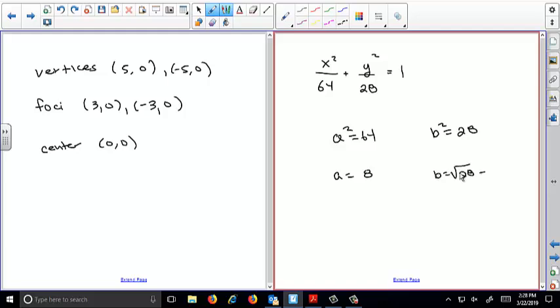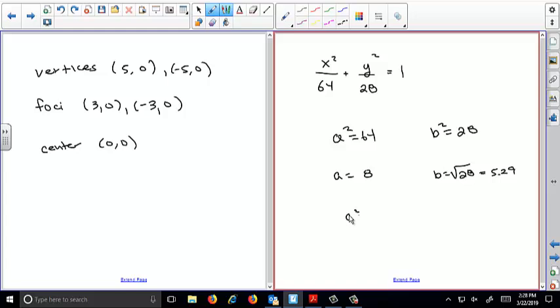Now, because we're going to be plotting this, we're going to go ahead and put it in decimal form, because we're going to have some location on the axis. So let's just do the square root of 28 and see what it is. Should be a little more than 5. So this is 5.29. Let's go ahead and calculate C.